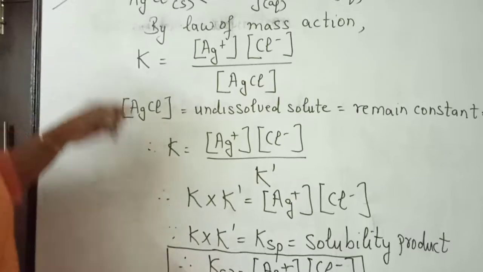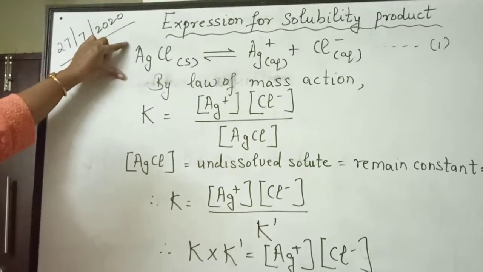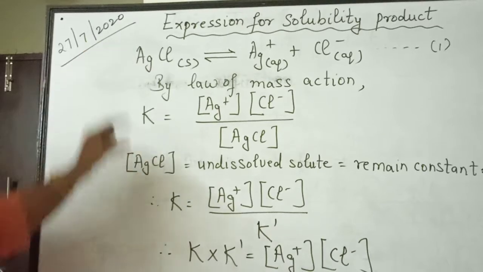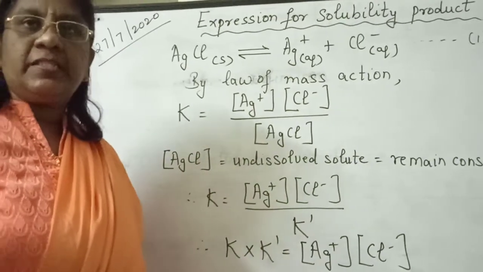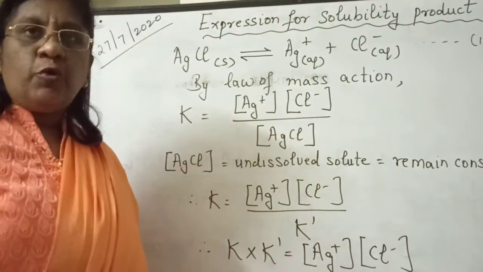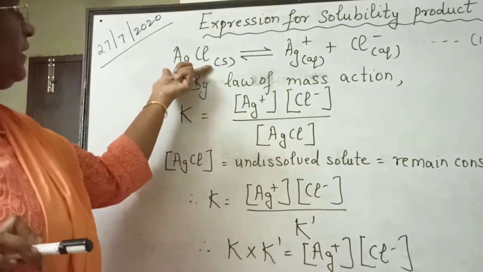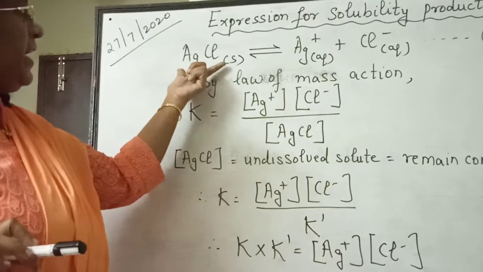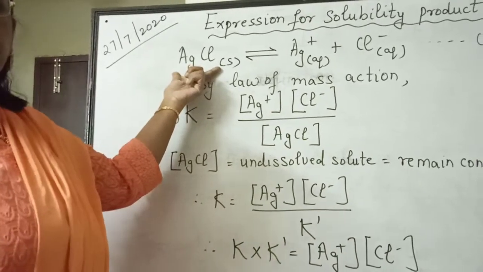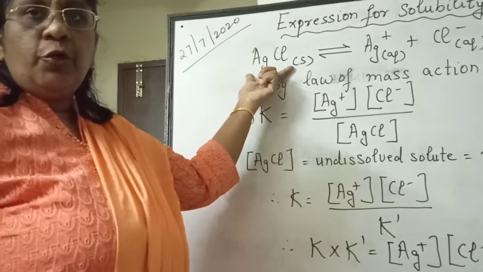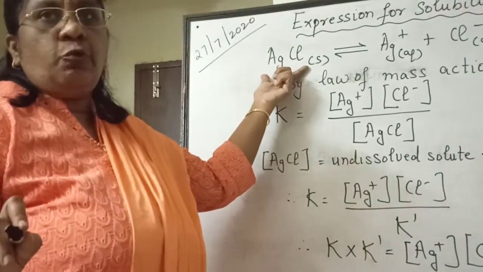I'll repeat once again. We have taken a binary sparingly soluble salt. A binary sparingly soluble salt is that salt which has only one cation and one anion. So the salt taken here is AgCl. AgCl is dissolved in a minimum quantity of water to produce a saturated solution.